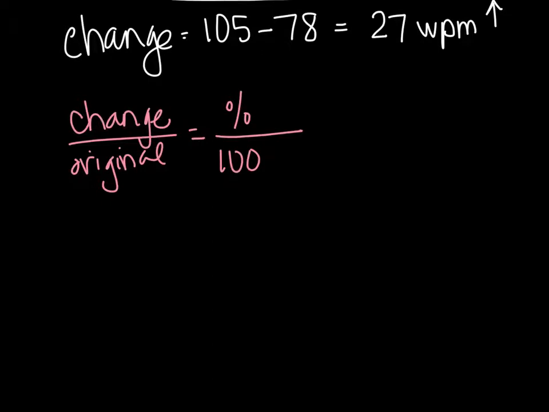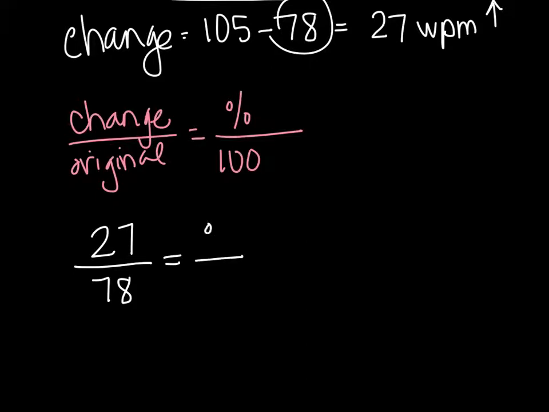I'm going to put in what I know. Okay, I know that the change is 27 words per minute, and the original number was this 78. Okay, 27 over 78 is equal to x percent over 100.